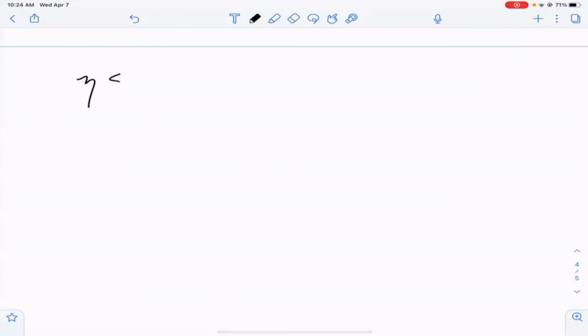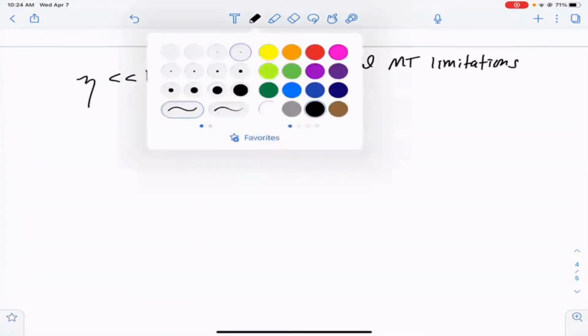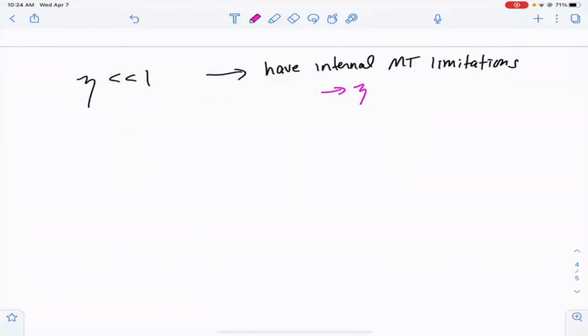But if it's less than 1, you certainly do, right? That means that you have internal mass transport limitations, right? And here in our problem, this was equal to 0.157. So obviously, we have some issue.